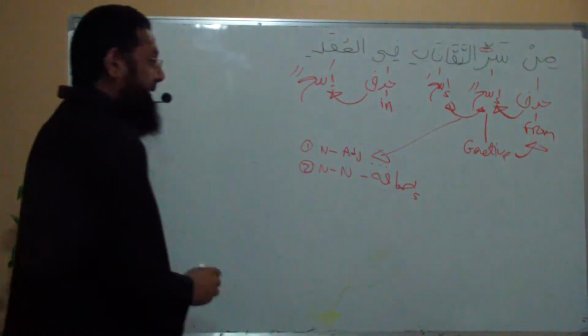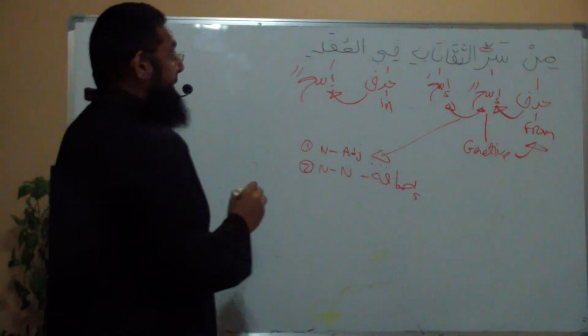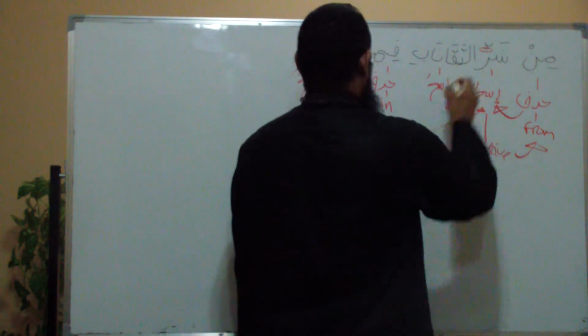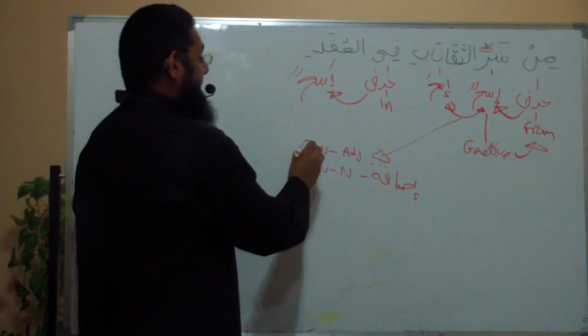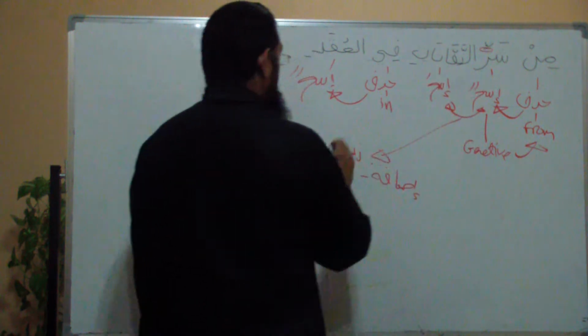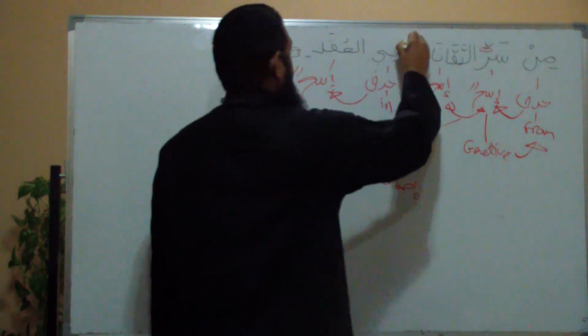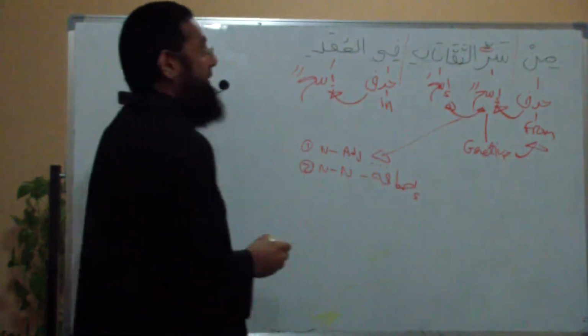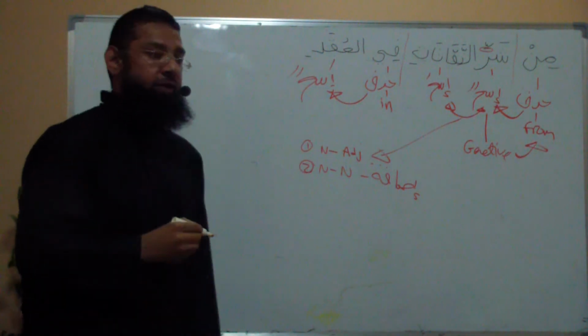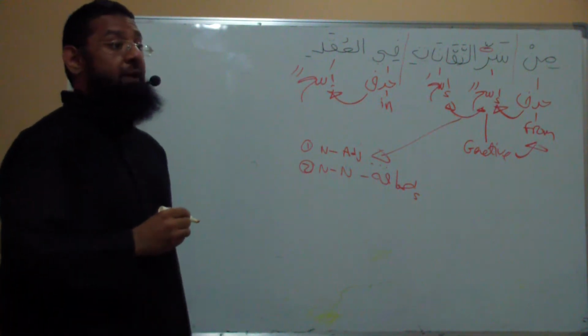Okay? So noun to noun, right? Now the question is, when you look at this, which one is it going to be? Either noun to adjective or noun to noun, looking at this pattern. Sharrin nafathati. What do you think and why? Idafa, and why?